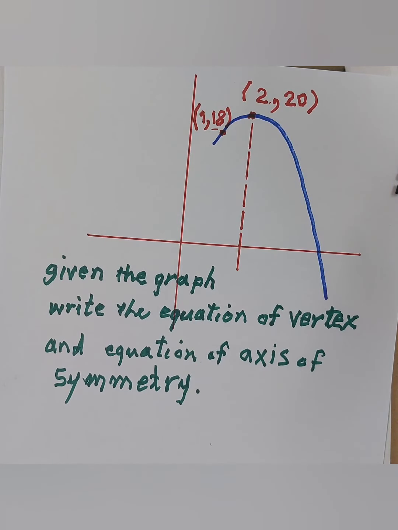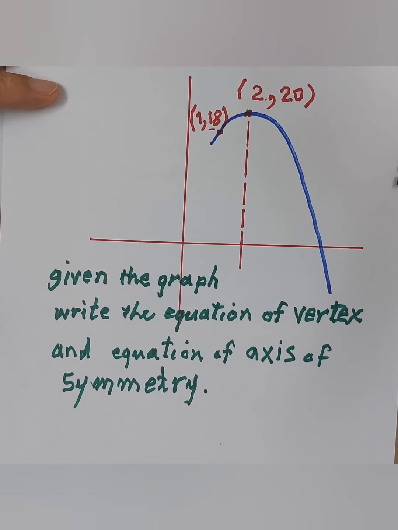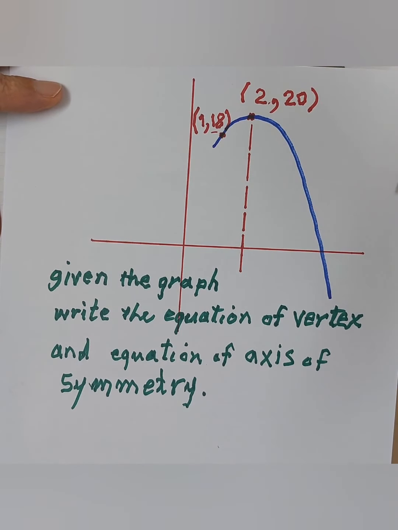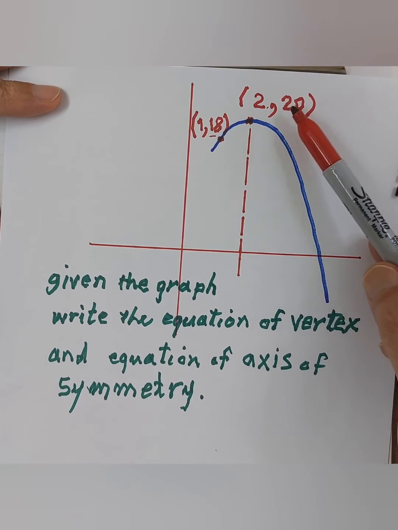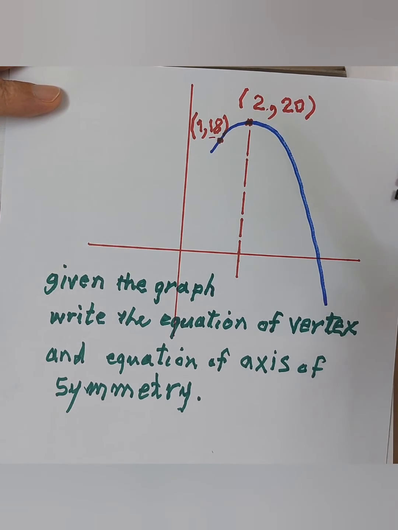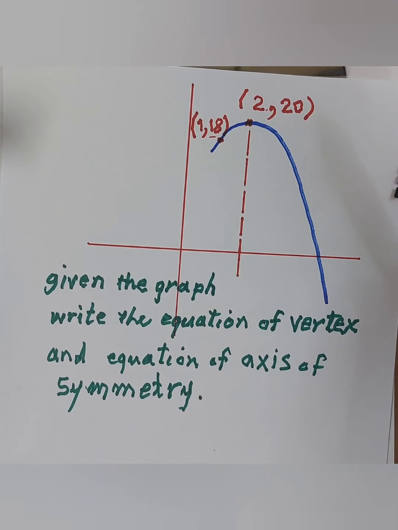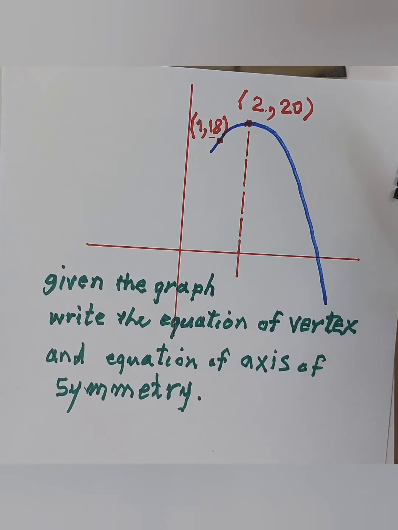The main thing we have to start with is to determine the coordinates of the vertex point and any other point on the graph. They are already given to us. Here the vertex point, and here is another point on the graph. So we just make substitution in the general form from these two points.